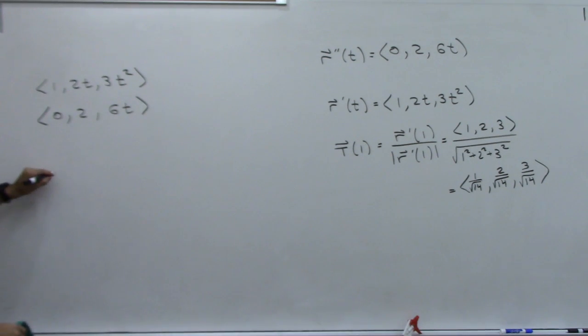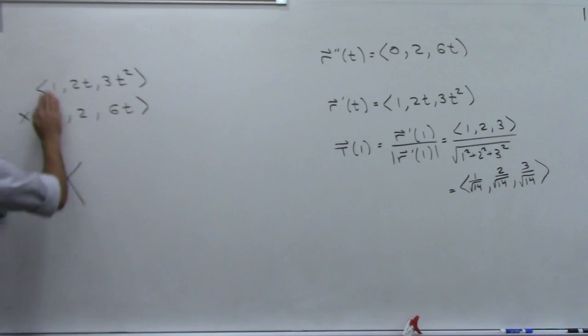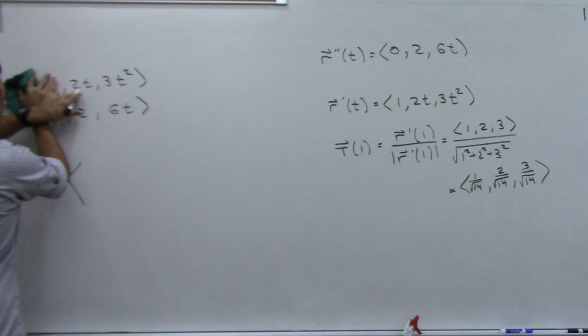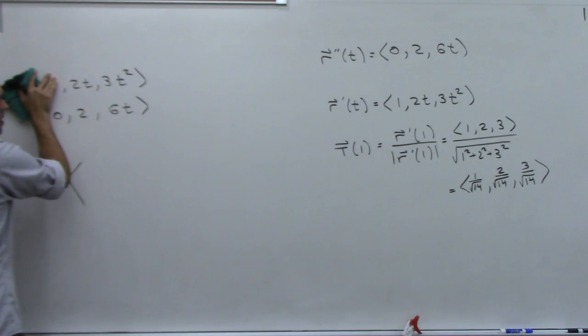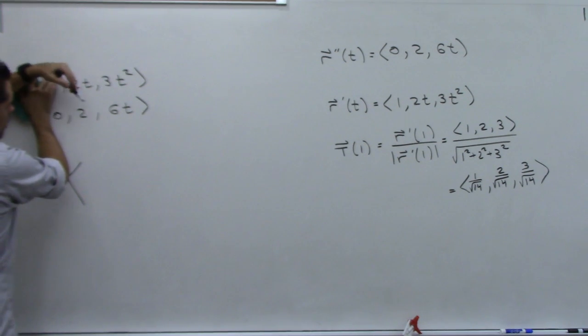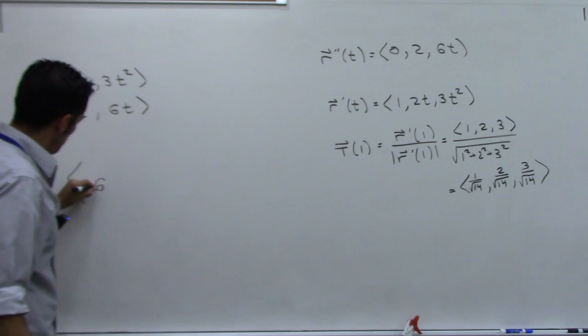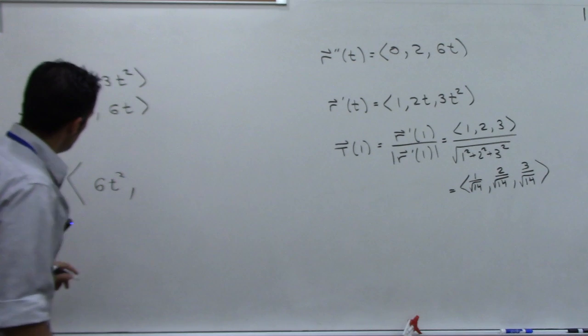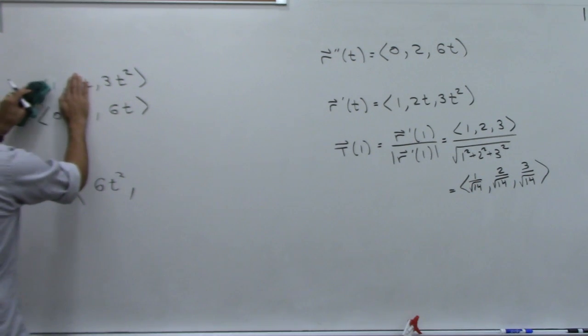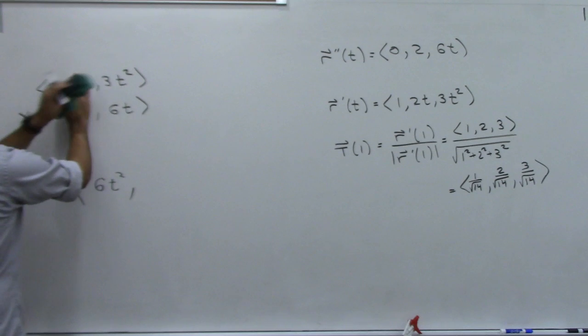If I want to get the i component, I cover up i. I've got what here? This times this, that's 12t squared. Take away 6t squared, which is 6t squared. Now I cover up this one. 1 times 6t is 6t, 0 times that is 0.